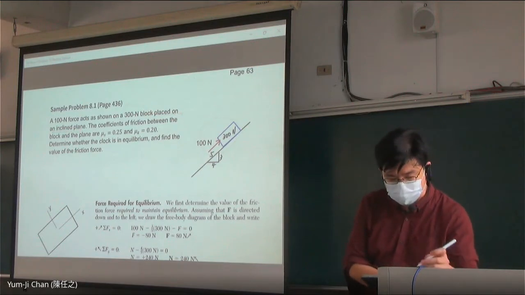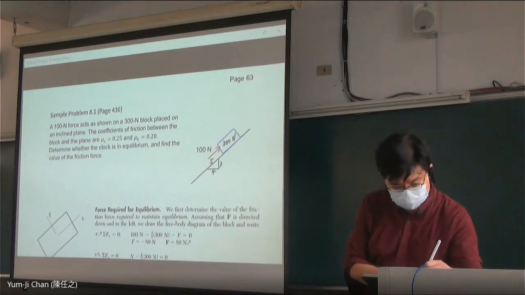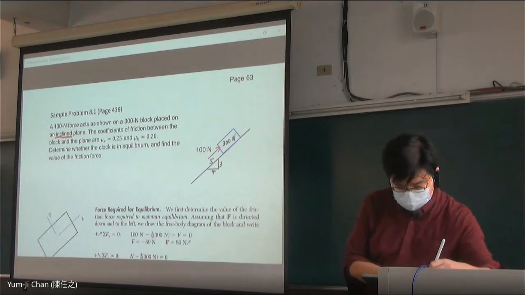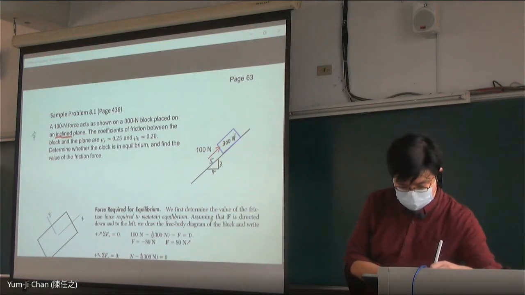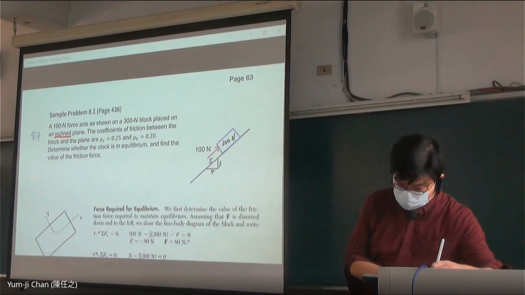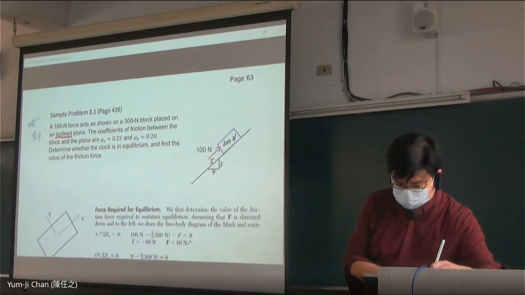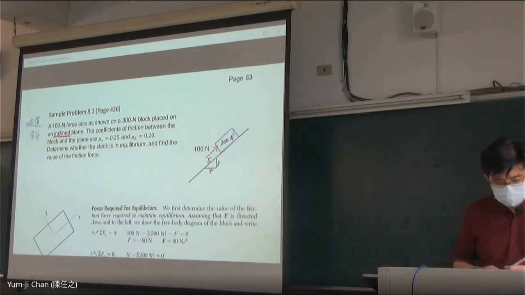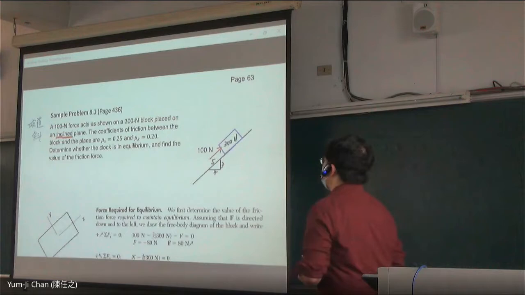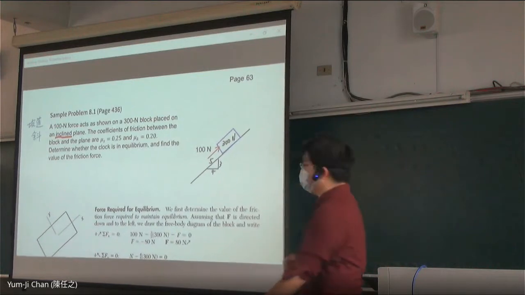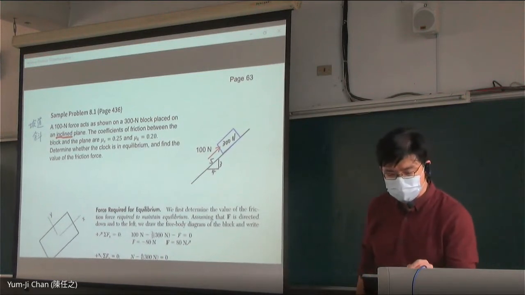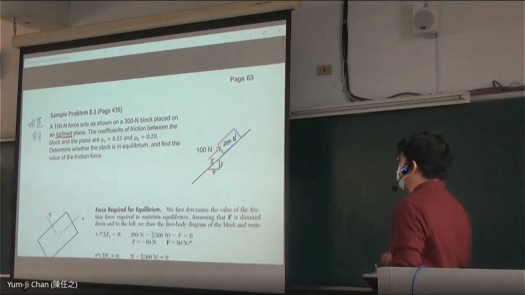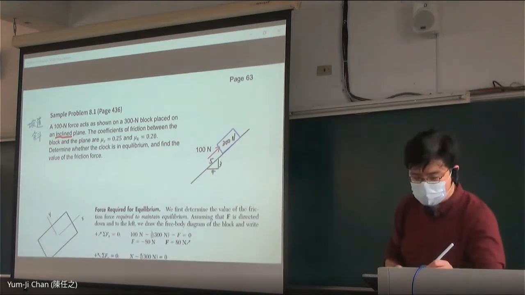Incline means 斜啊,或坡度. The coefficient of friction between the block and the plane, mu s equals 0.25 and mu k is equal to 0.20. Determine whether the block is in equilibrium.